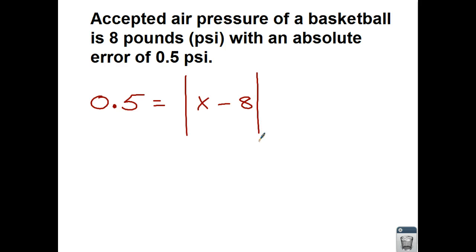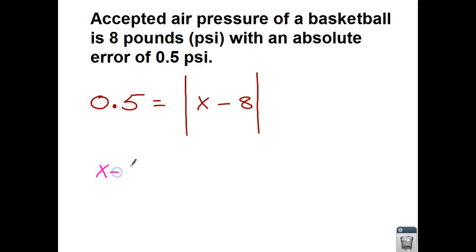And if we were to solve that, we would come up with both sides of the 8 pounds. Take the braces off, like we've been doing, set it equal to 1/2, and set the second problem equal to negative 1/2.